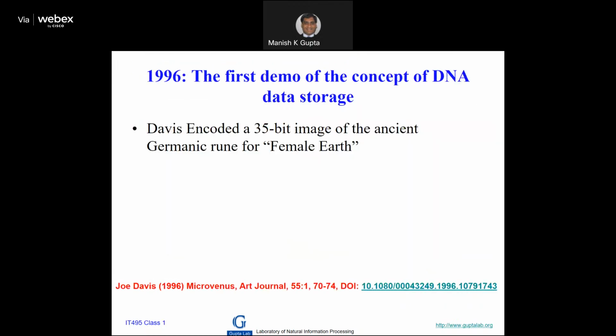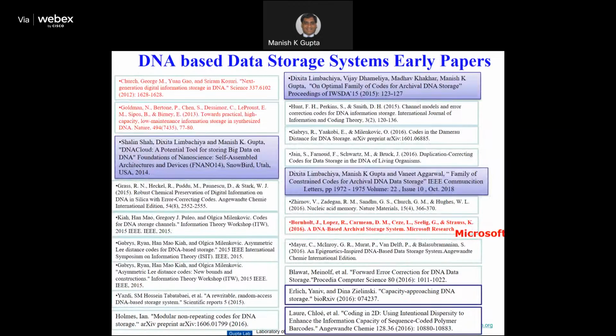These are some early papers. As I mentioned, there is the 2012 paper, and the 2013 paper by Goldman. Then immediately we did the work in 2013, but published it in 2014, the software DNA Cloud by Sharin. In 2015 also, we modified some further work.